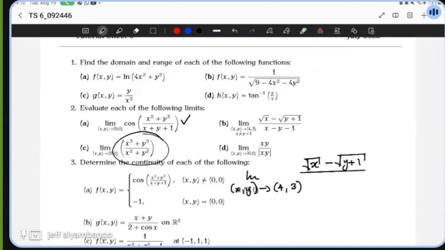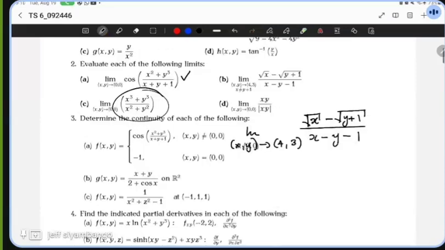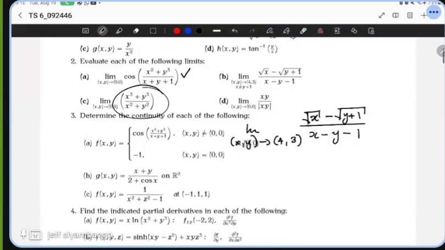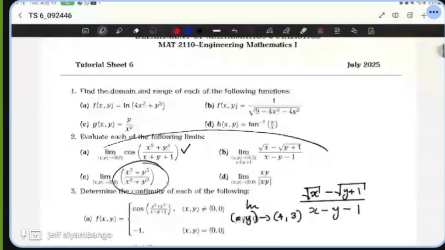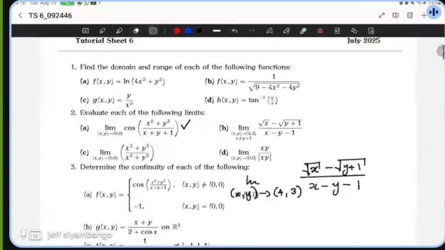But if we can't simplify to show that the limit exists, and we can't prove that the limit does not exist, it will imply that we might have to use the epsilon delta definition of a limit itself. So you have to be very careful. I'm looking to see if there are specific questions where we have to do that, and I am not seeing those questions, implying that those questions must be part of this. So we have to be very careful not to tamper with those, because those will be special. We'll look at them later.